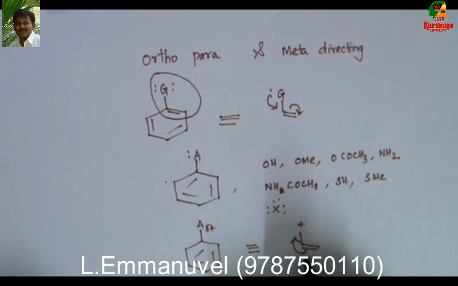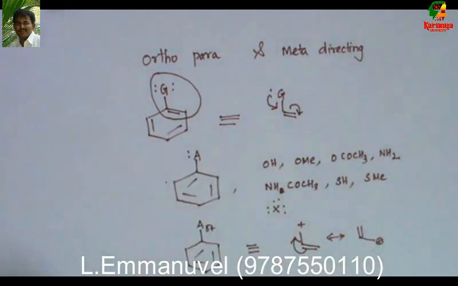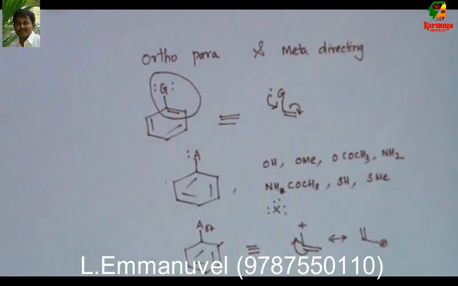So the double bond can be involved in resonance to induce positive charge on this carbon. That is nothing but this carbon. So such a system can decrease the electron density in the ortho and para position. As a result, the electrophilic substitution takes place at the meta position.